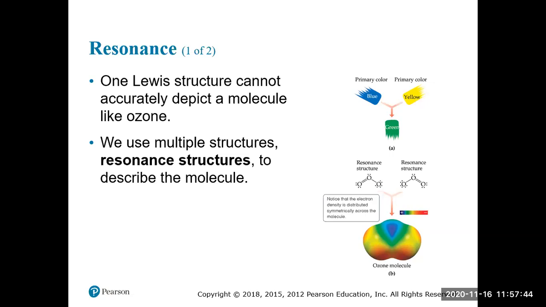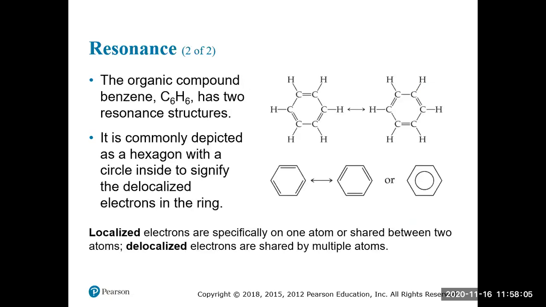This just indicates that neither of those Lewis structures is actually totally correct. It's somewhere in between. In the lab, you saw an example of this with the benzene molecule and had some questions about this. And this leads us to what we call resonance structures. A resonance structure just means that you need to draw more than one Lewis dot structure to truly represent what it looks like.